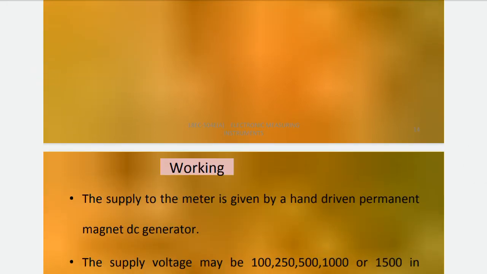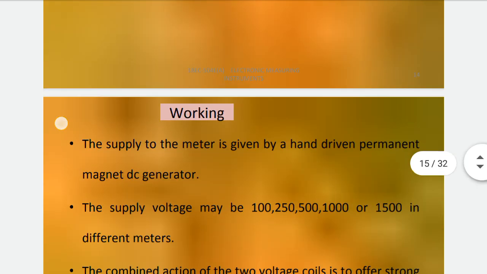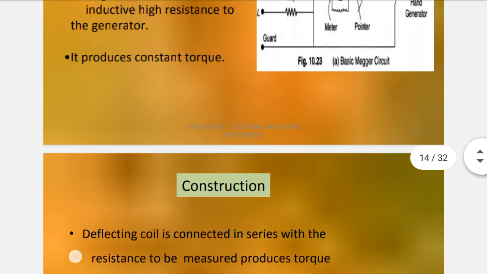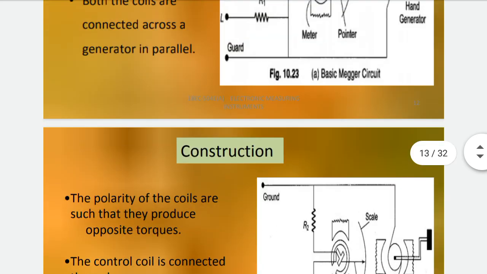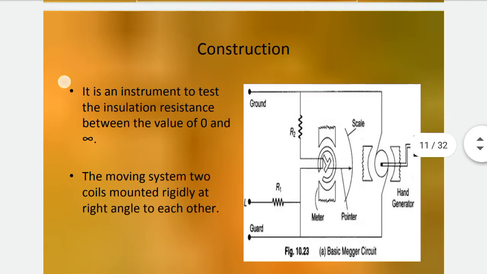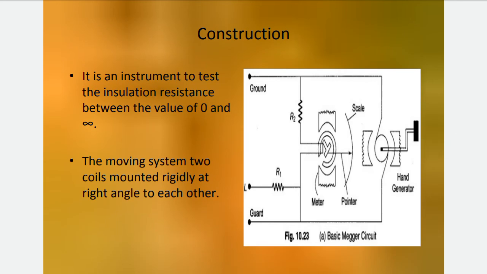Now coming to the working of the Megger. When current flows in coils A and B, they tend to turn the moving elements in opposite directions. The pointer then takes a position over the scale where the two forces are equal.